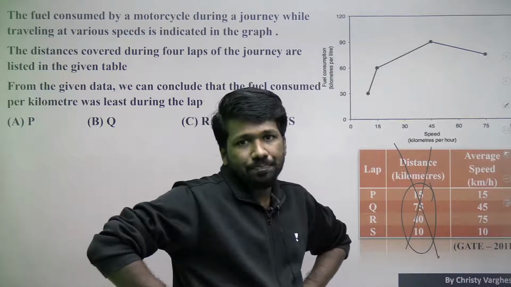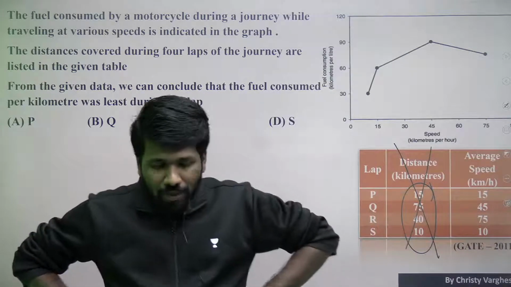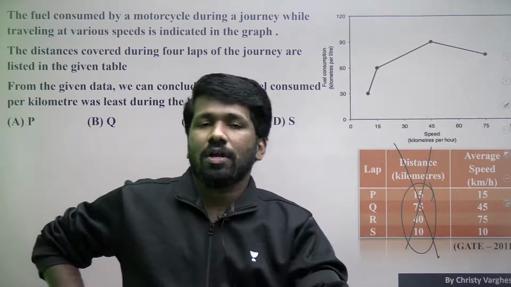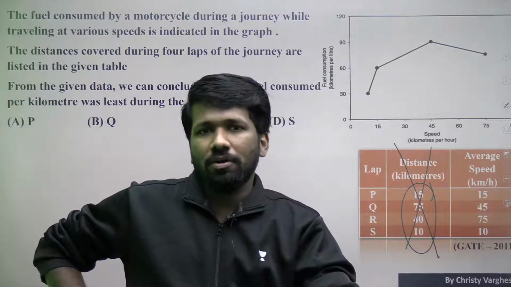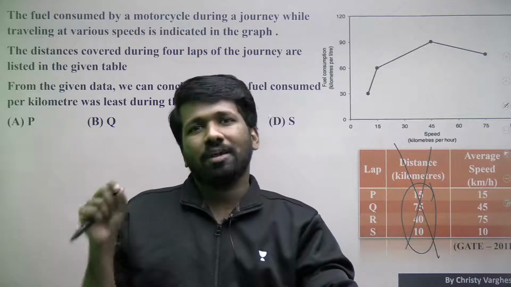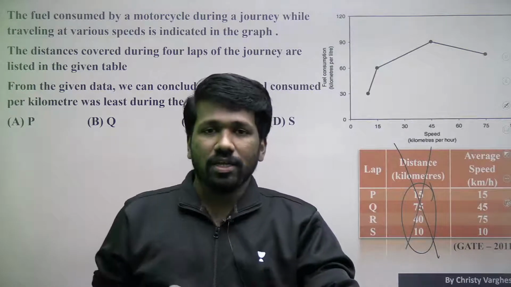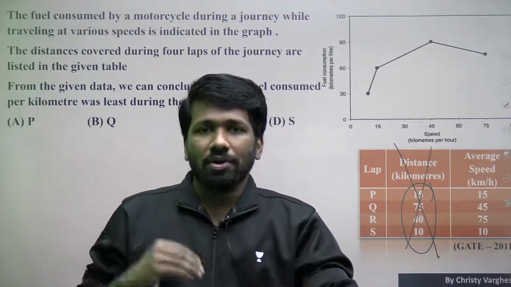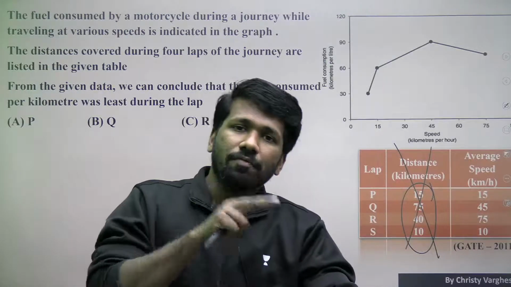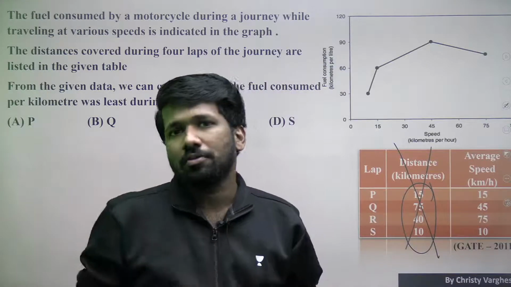For example, if you buy 20 chocolates, the total money you spend on 20 chocolates is 200. Still the per chocolate price is 200 by 20, 10 rupees. Now instead of 20, if you buy 1000 chocolates also, the per chocolate price is not going to change.